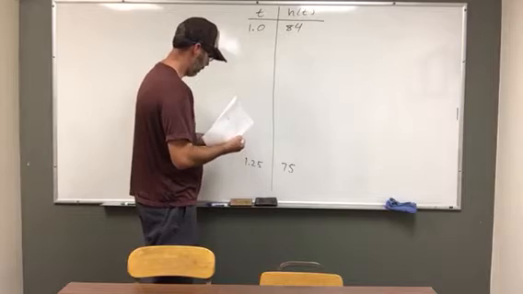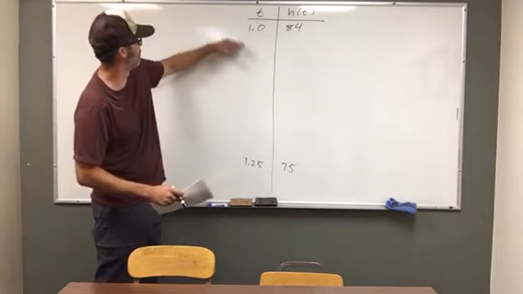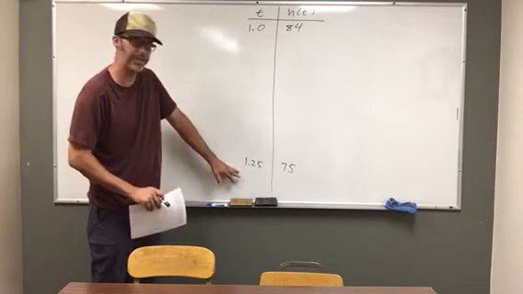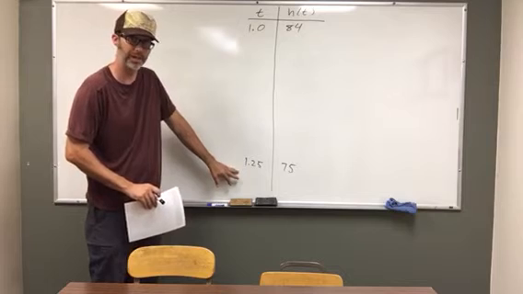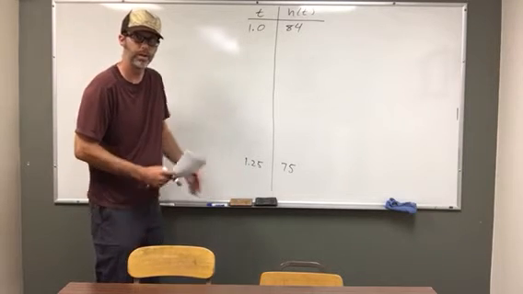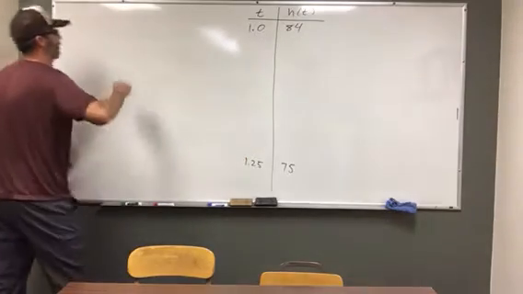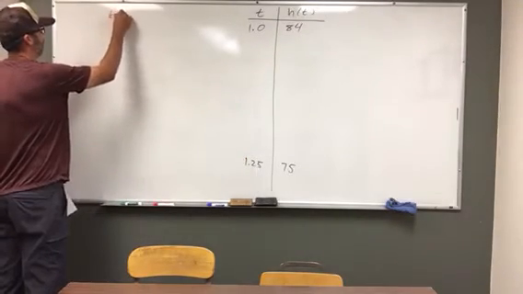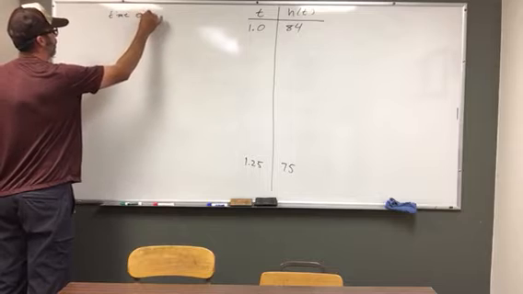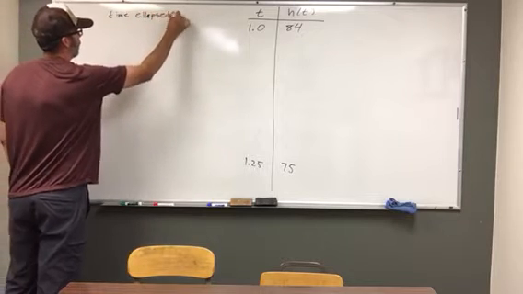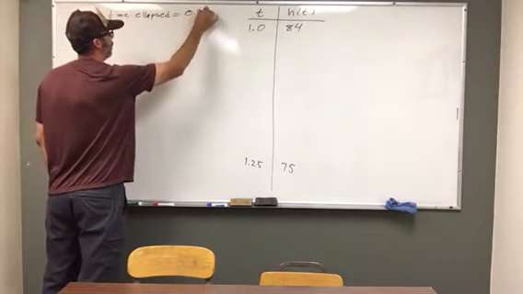Now the amount of time elapsed from 1 second to 1.25 seconds is 0.25 seconds, right?